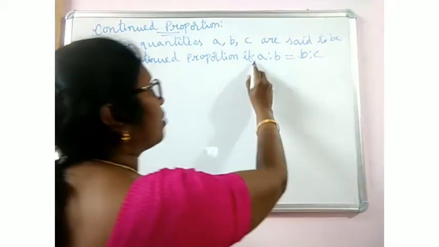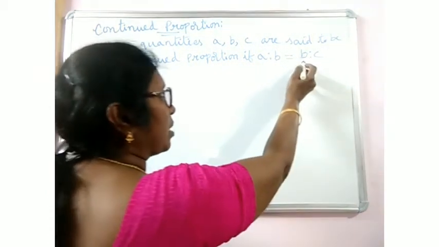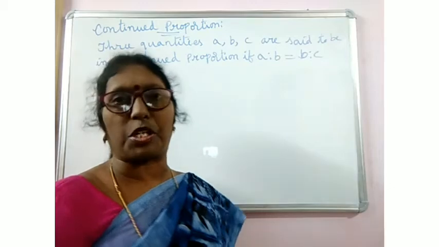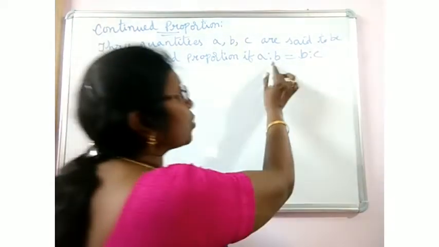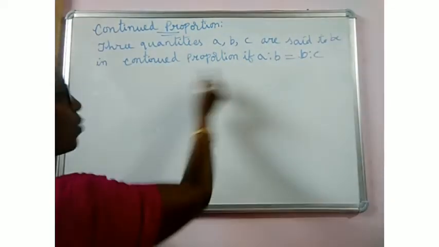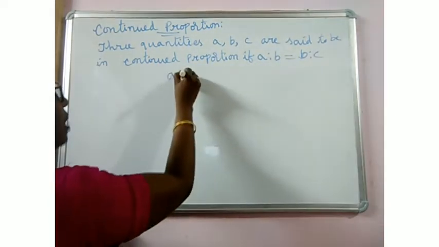See, the second term of the first ratio and the first term of the second ratio are the same. That continues. That's why that is continued proportion.